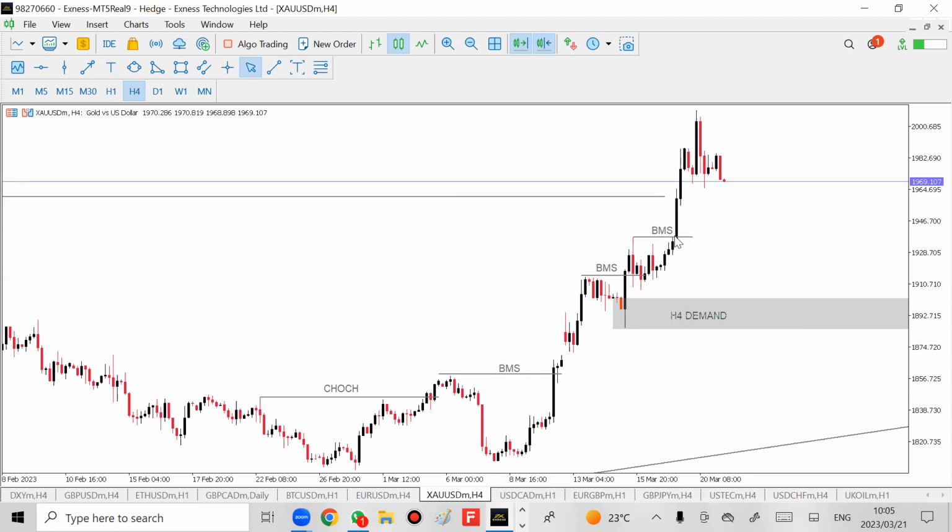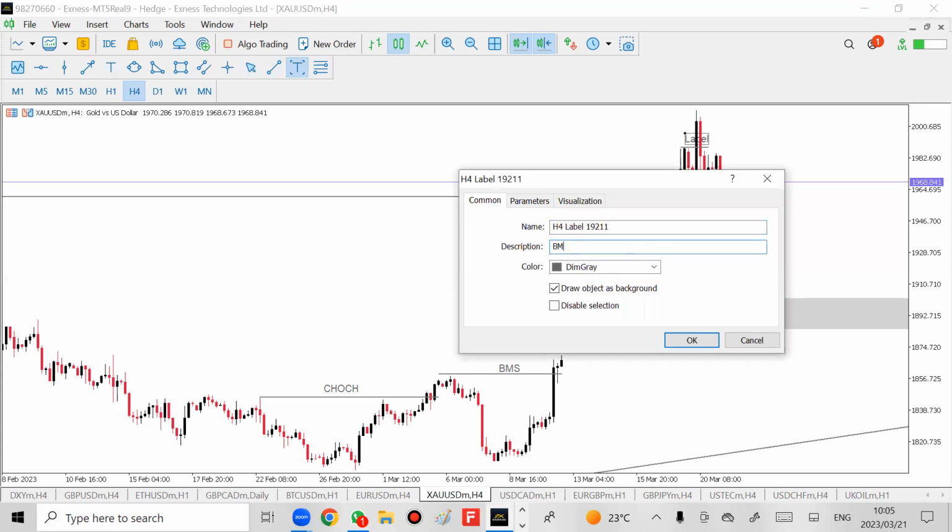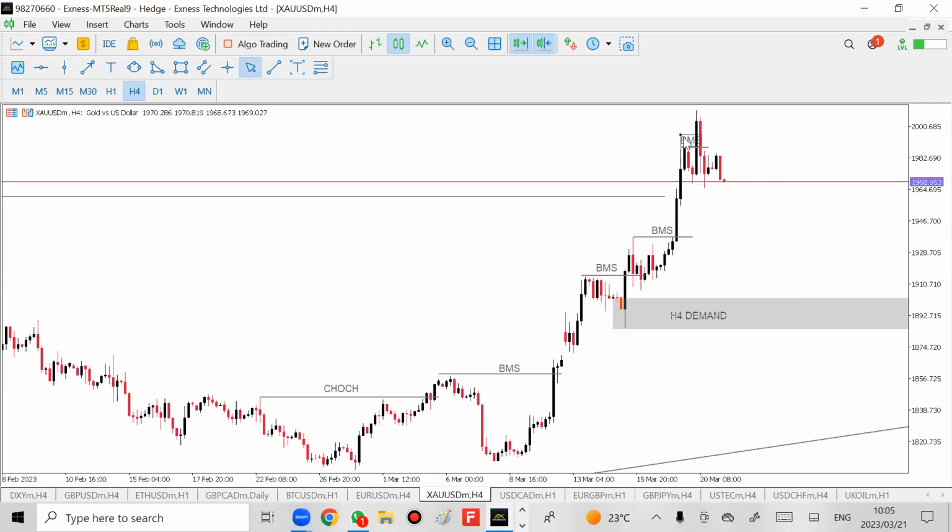So the last break of structure, which last break of structure did you see? There's another one here, the last one. It's a BMS. And which last higher low do you see? The last higher low was here, right?